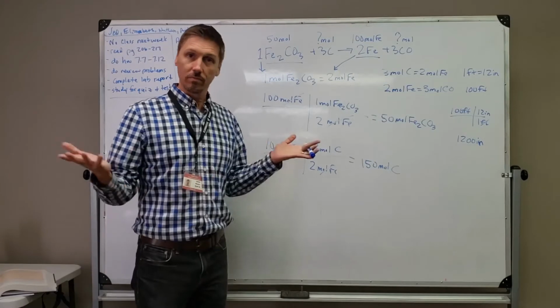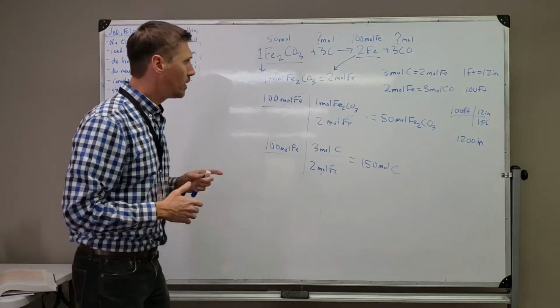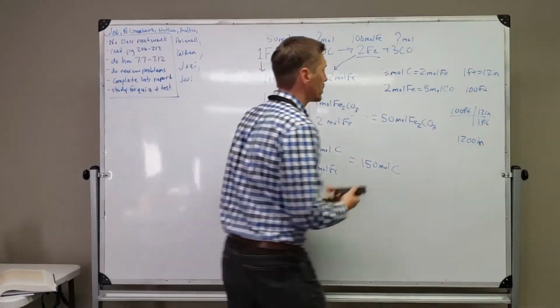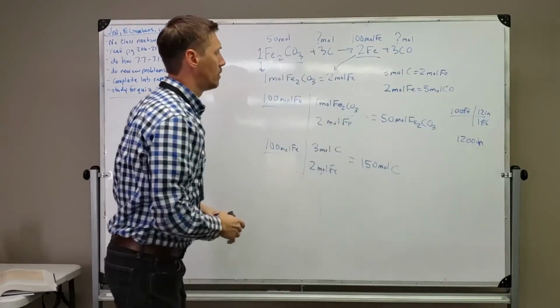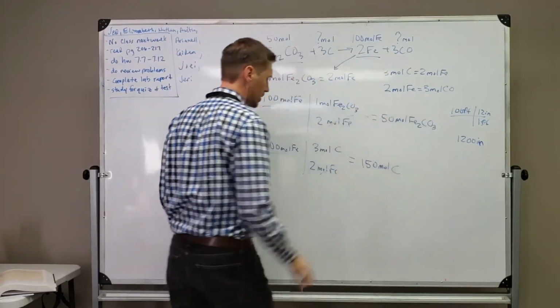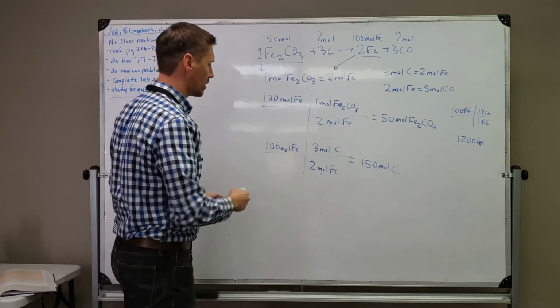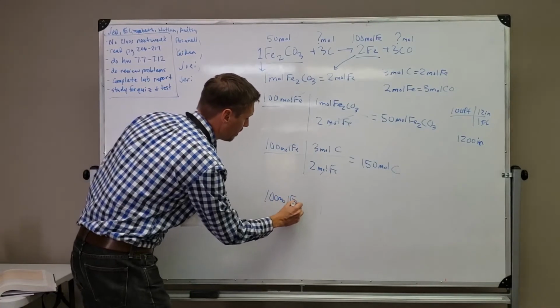All right. So it's just unit conversions. That's really all it is. We didn't do the last one here, but we could figure out the number of moles of CO based using this unit conversion. It's the same as this one, right, so the answer is going to be the same. 100 moles of Fe.